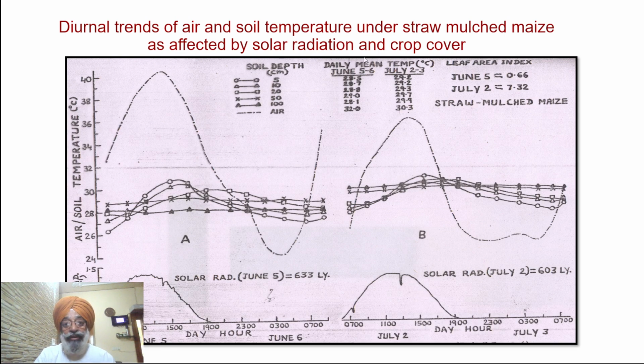And if you see July 2 and 3, again now it is crop cover plus mulching plus increased soil moisture because of incidental irrigation as well as the rains.